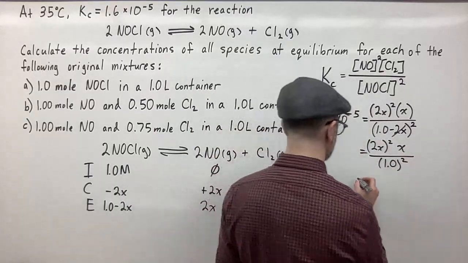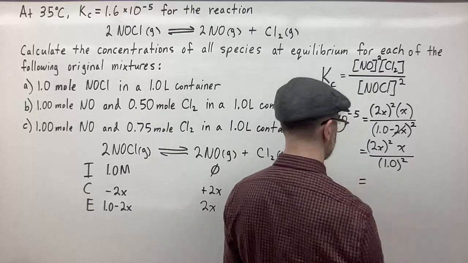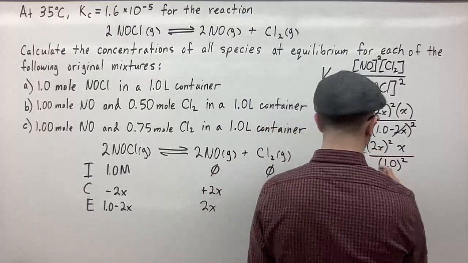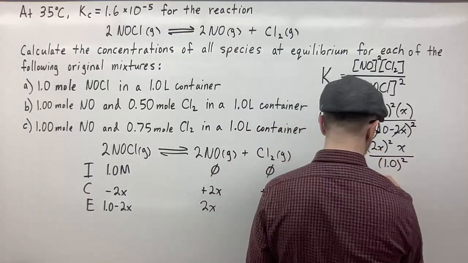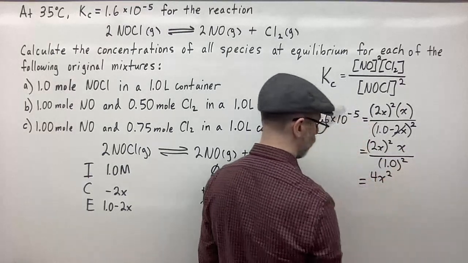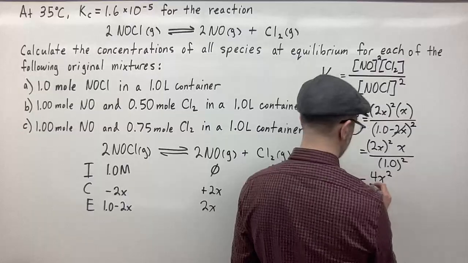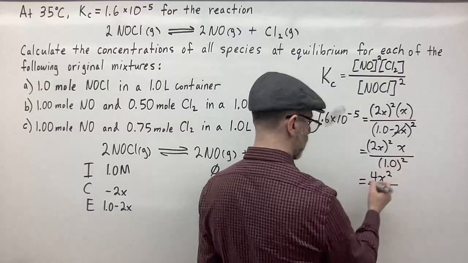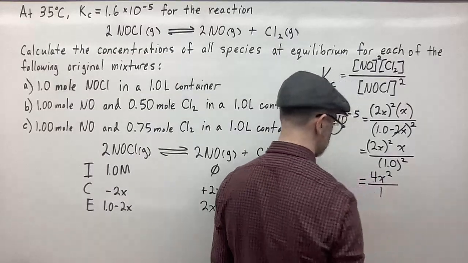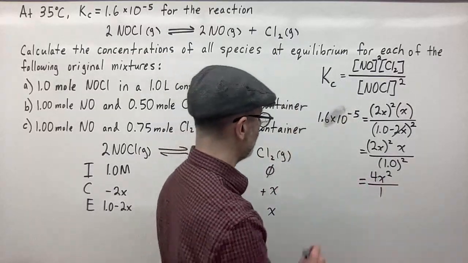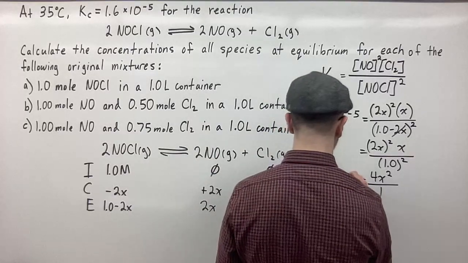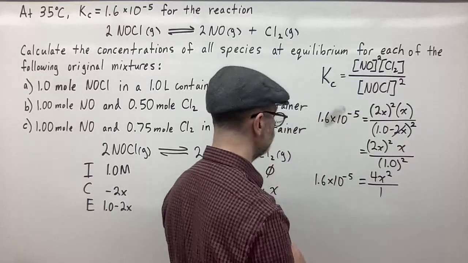Now we can start to solve this. 2x squared is going to be 4x, multiplied by x is going to give us 4x squared, and 1 squared is 1, so it's just going to be 4x squared over 1, and that's going to be equal to 1.6 times 10 to the negative 5.